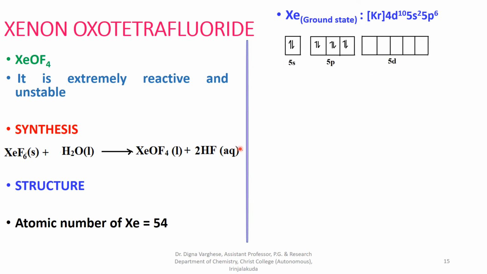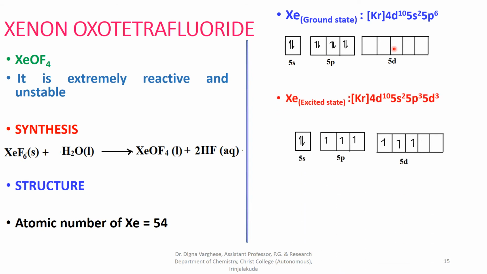The promotion of an electron each from 5p orbitals into 3 of the vacant d orbitals takes place, which gives its excited state as 5s2 5p3 5d3.